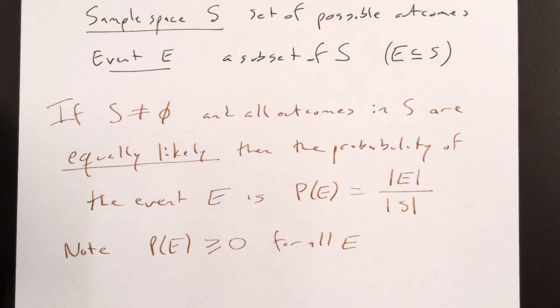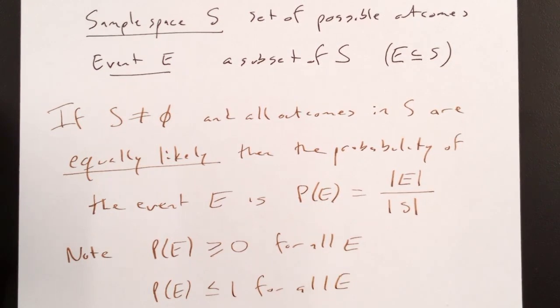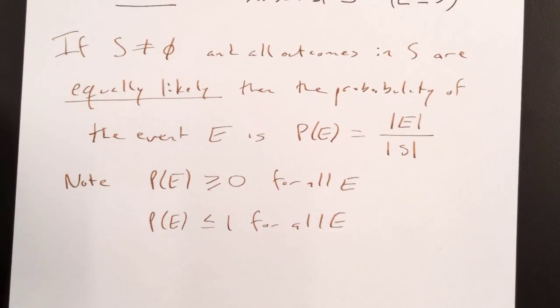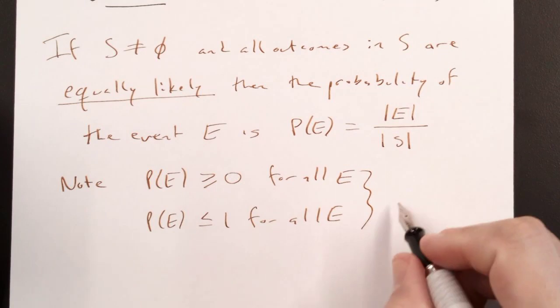The lowest possible number of things I can count is 0. And if E is a subset of my sample space, then the size of this numerator is never bigger than the size of the denominator. This fraction is never bigger than 1. Usually I write these together.